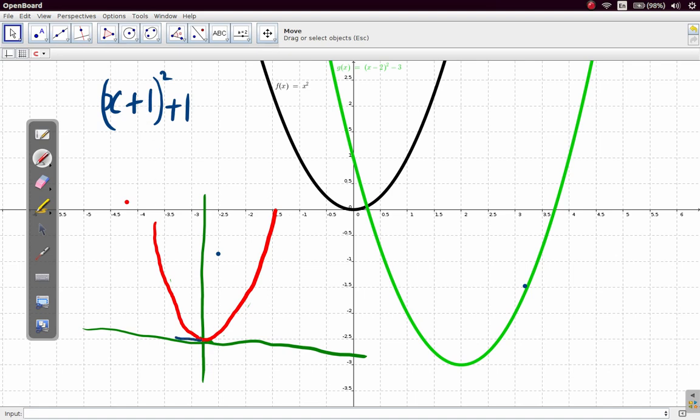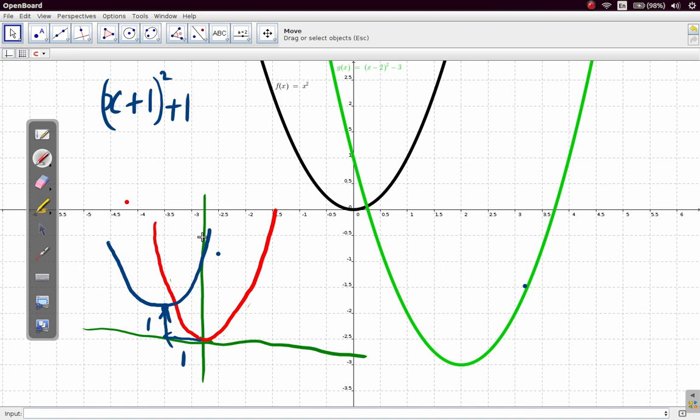Then the plus 1 outside indicates a movement of 1 unit upwards. So you shift 1 to the left and 1 upwards. That new point should be here, so your new graph should look something like this.